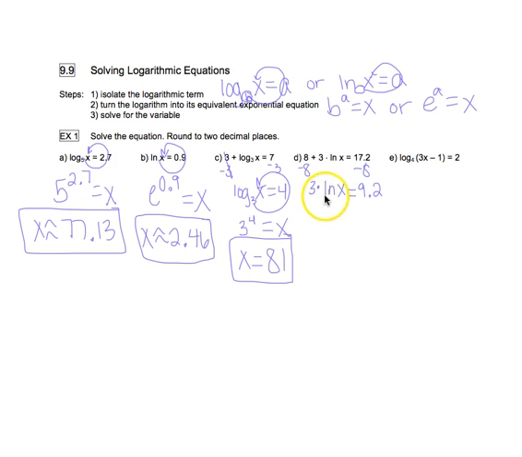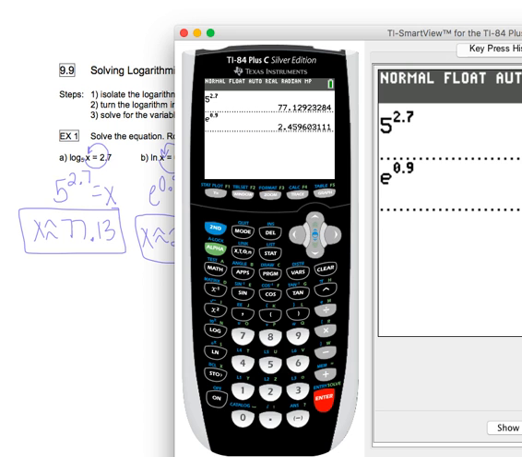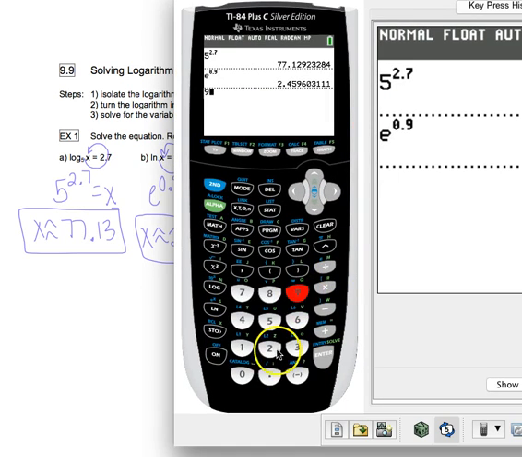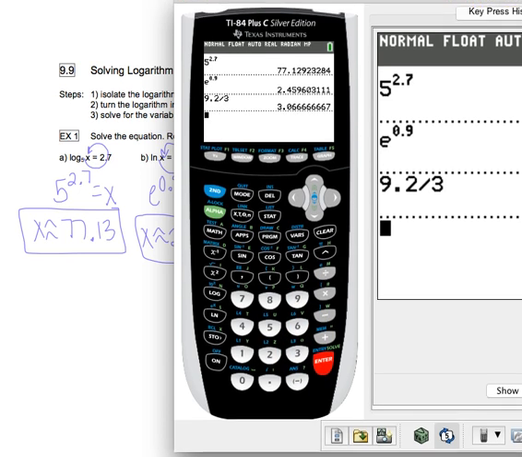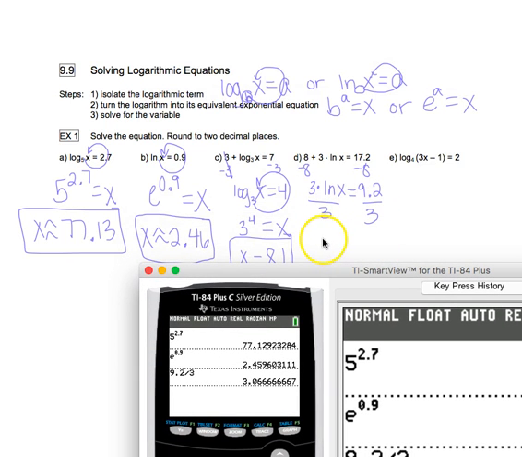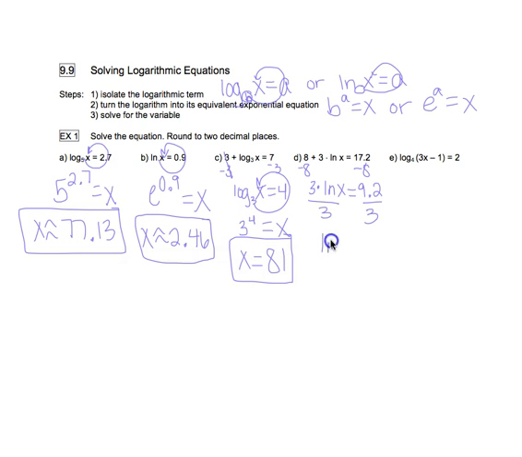Then the log is still not alone because I have this multiplied 3, so I need to divide. So divide both sides by 3. So we had 9.2 divided by 3, which gives me about 3.07.